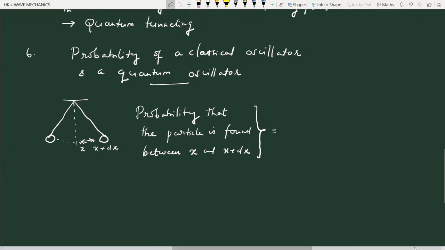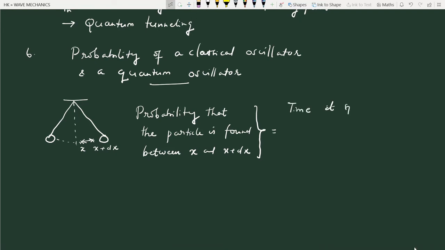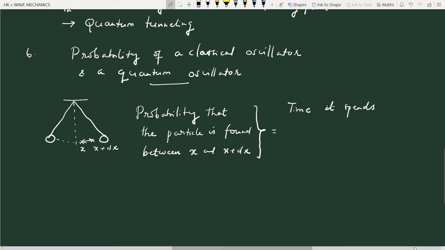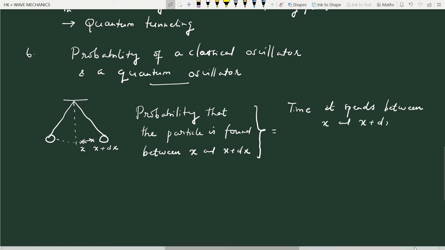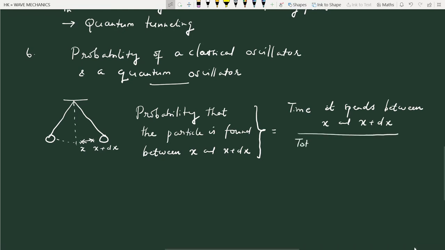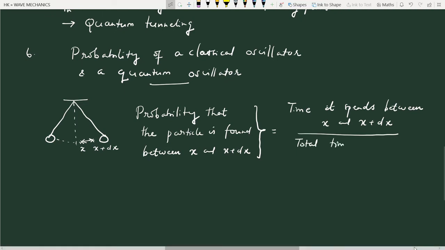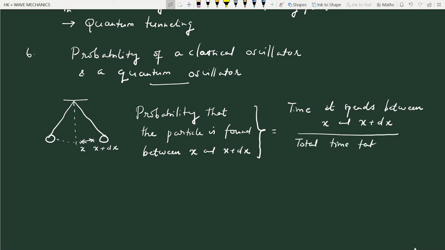Let us make this argument. It's a ratio of the time the particle, or the oscillator, spends between x and x plus dx, divided by the total time taken for one oscillation. Let's see if this is true.